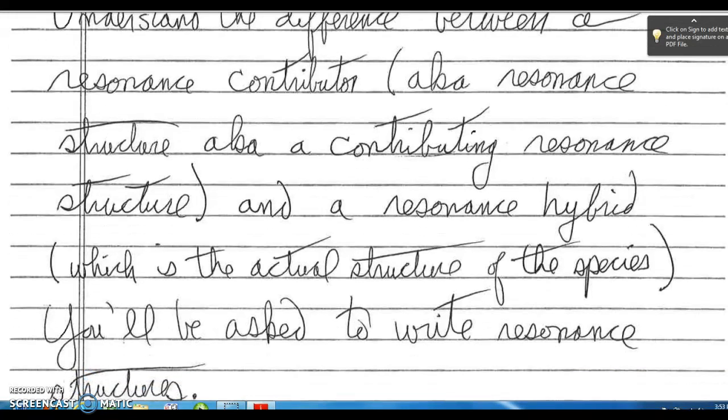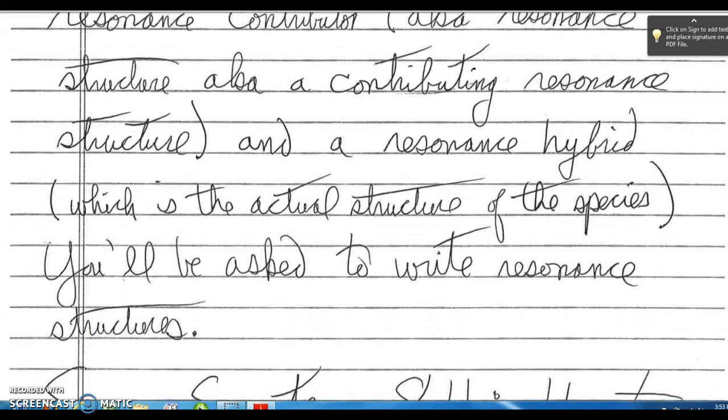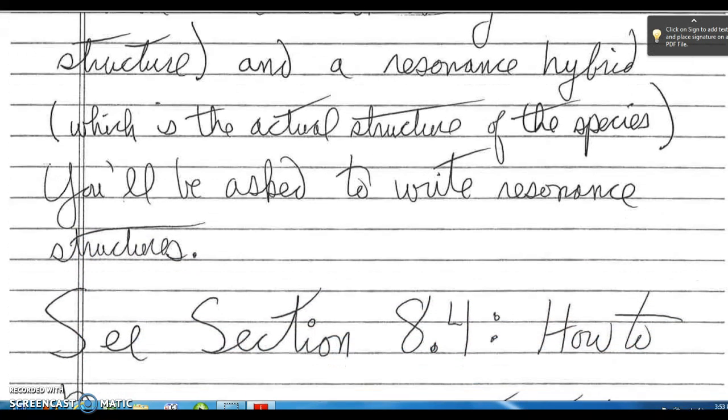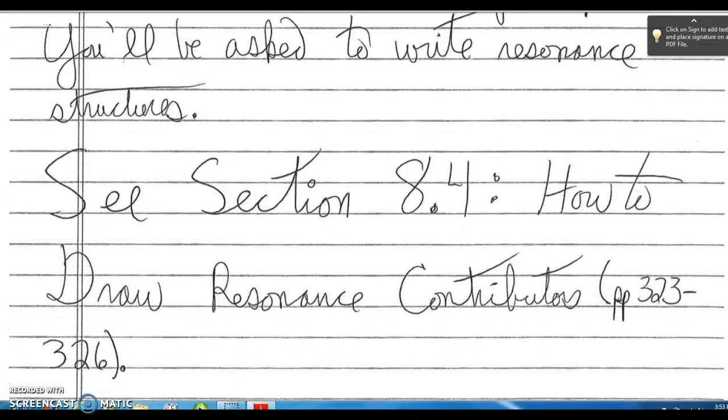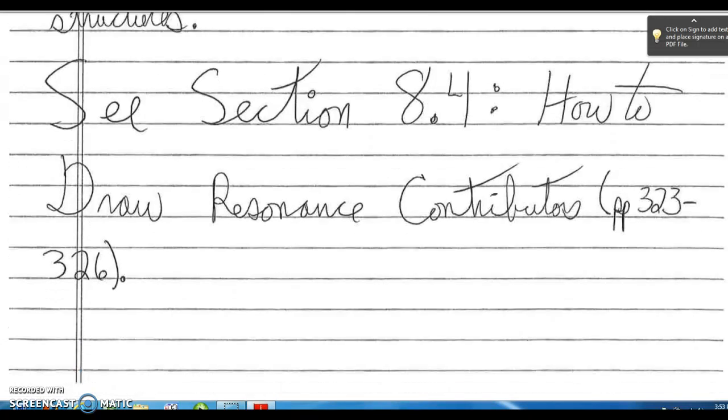Now you'll be asked to write resonance structures, that is the single structures, not the resonance hybrid. Please see section 8.4 on how to draw those resonance contributors, and there'll be a homework on that coming up at some juncture. That's on pages 323 to 326. Those rules walk you through some examples.